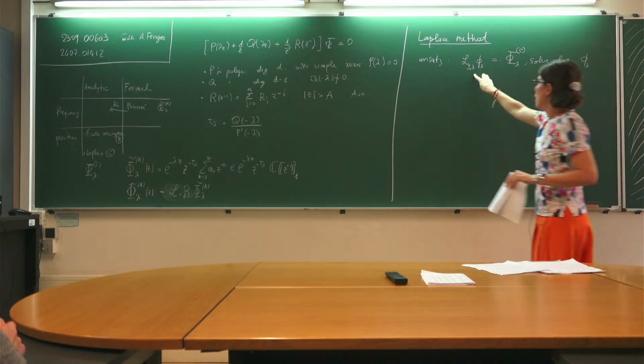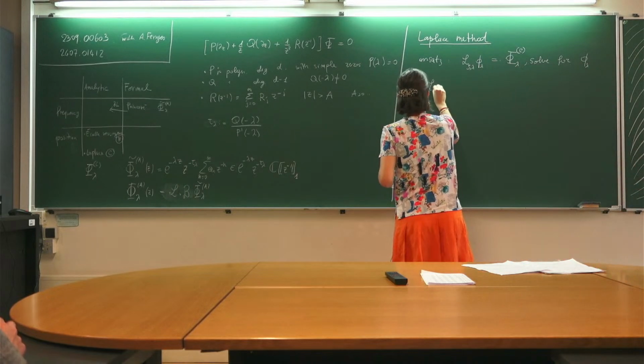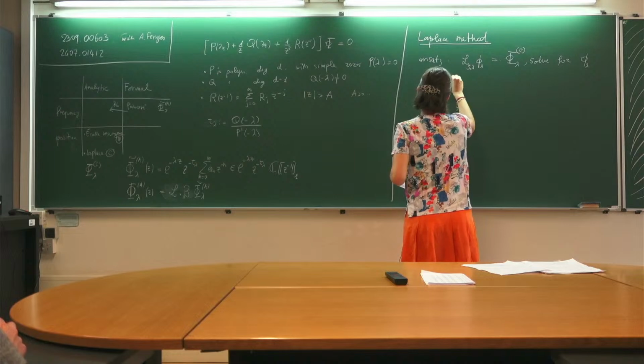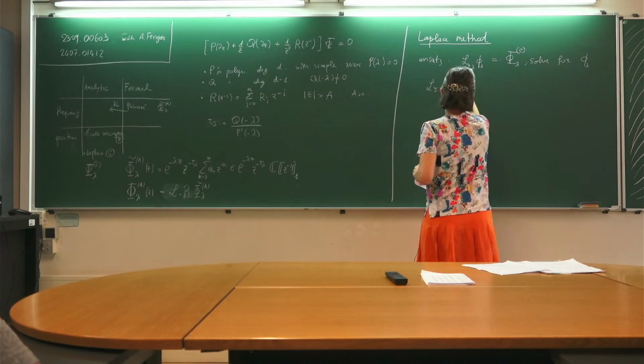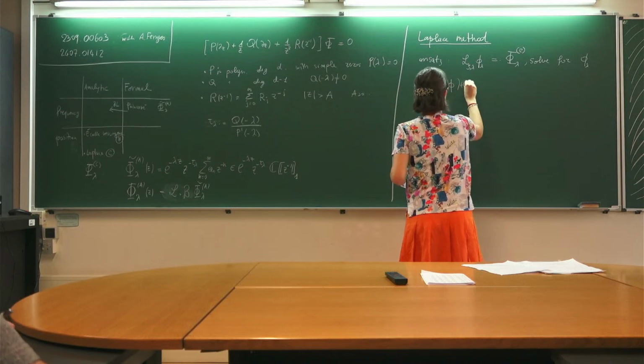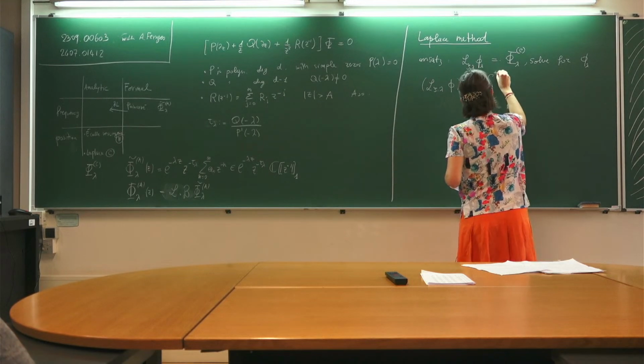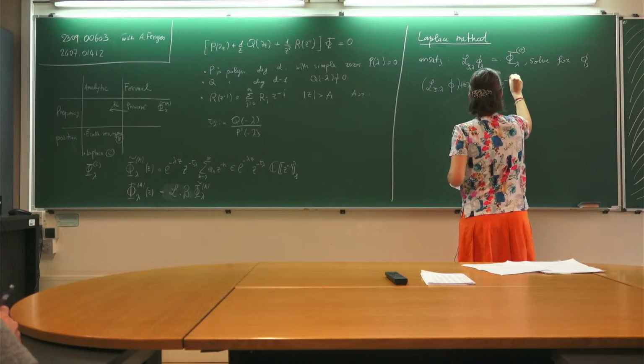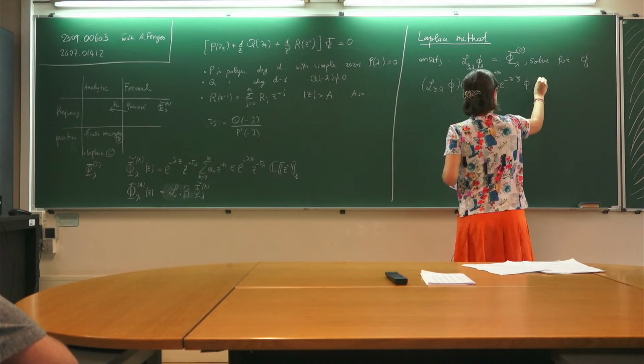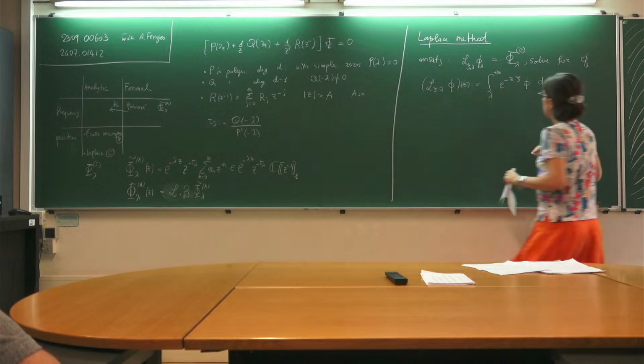So let me just remind what this Laplace transform, how it was defined. This, as a function of z, is defined as the integral from lambda to plus infinity of d zeta.